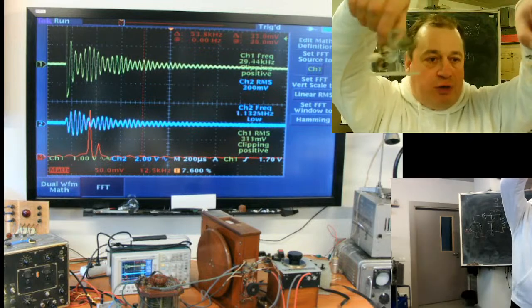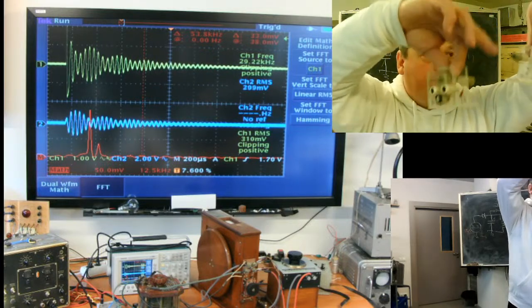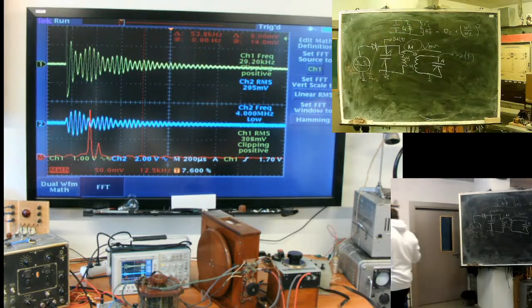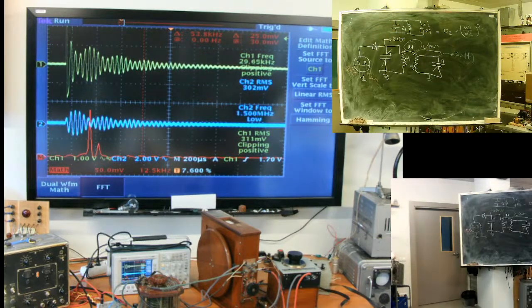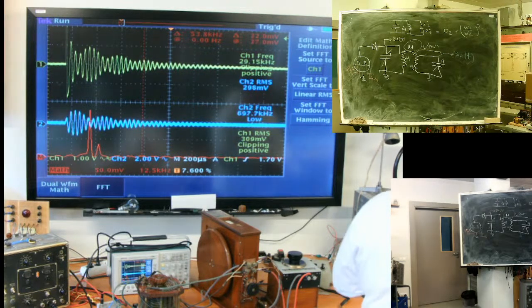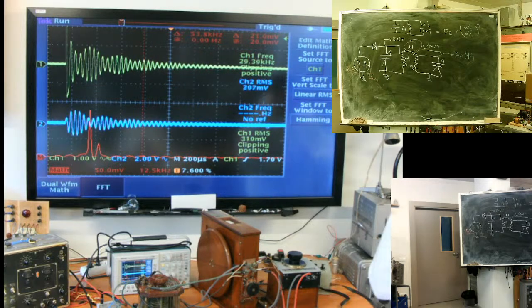A pair of resonance contours, coil and small capacitor. This one is sending, this one will be receiving.